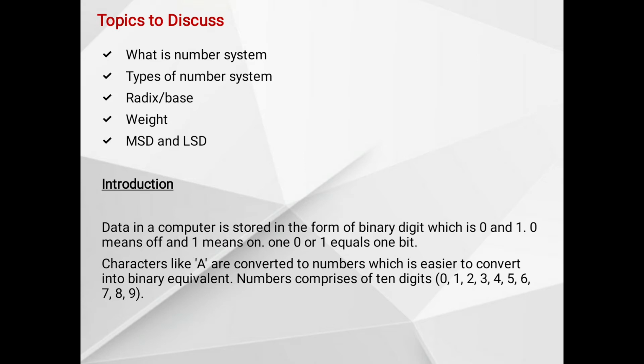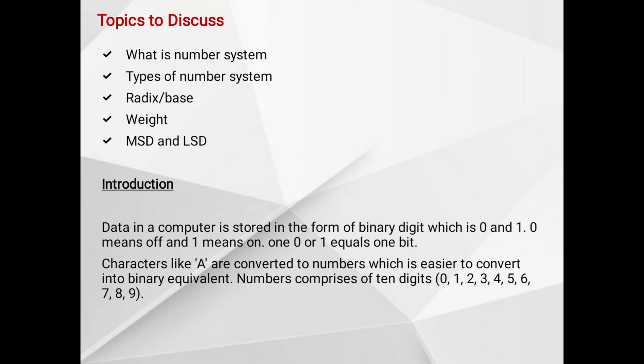A 0 or a 1 equals 1 bit. So if you have 0 and 1, you have 2 bits. In terms of binary digits, a single 0 or a single 1 is called a bit.